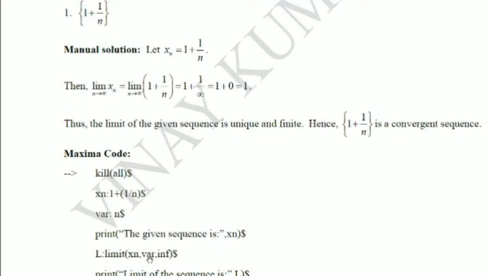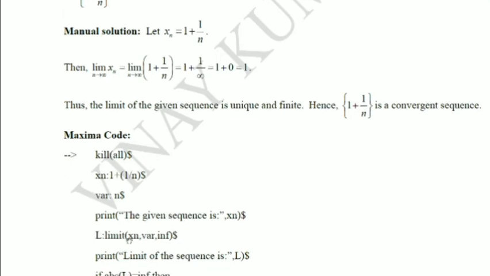If you give this, then it calculates the limit of xn as n tends to infinity, and that will be stored in L. So once after calculating that, I want to print it. So print limit of the sequence is L. So we got the limit.